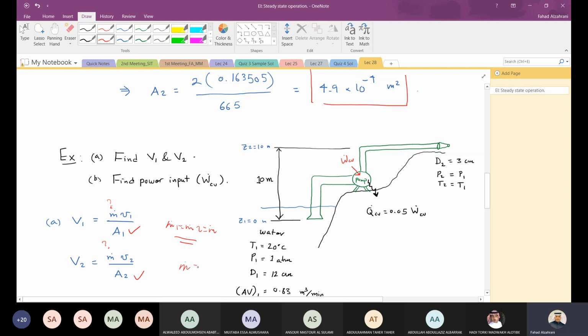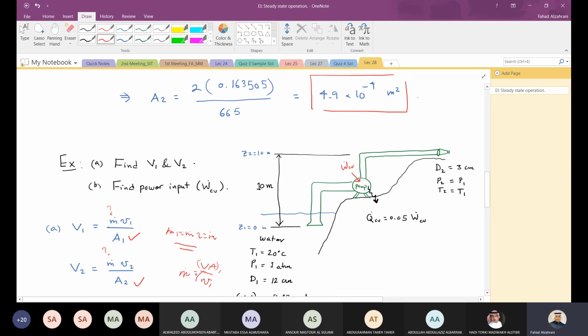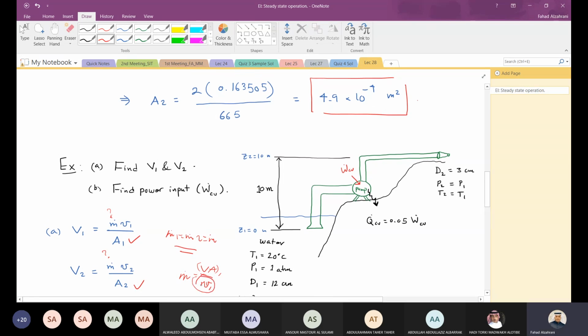So m dot equals V dot 1 divided by specific volume at state 1. So basically, I can find m dot by dividing this 0.83 meter cube per minute by the specific volume at the inlet, and I do have the temperature and pressure, so I can find the specific volume. So I'm good here. Okay, so in this case, I'm good to find the mass flow rate. So this one can be found.